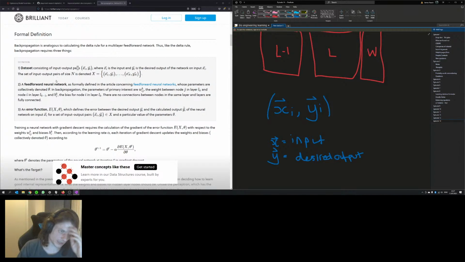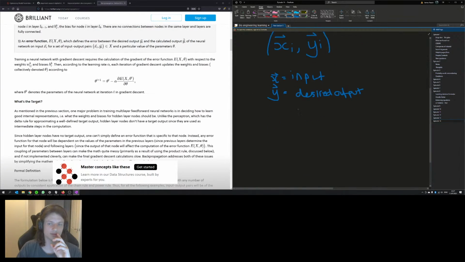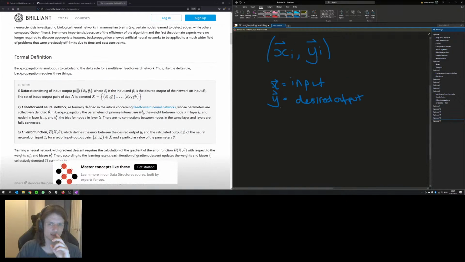The set of input-output pairs of size n is denoted x equals, it's like a piecewise notation, I can't remember now. x of 1, y of 1 ... x of n, y of n.